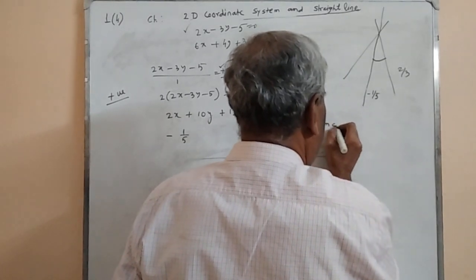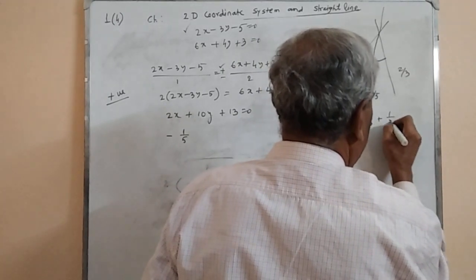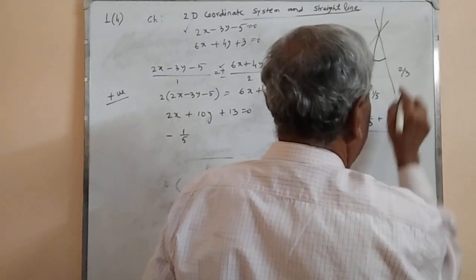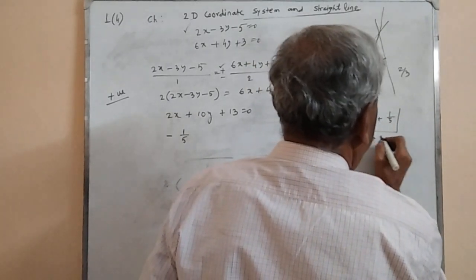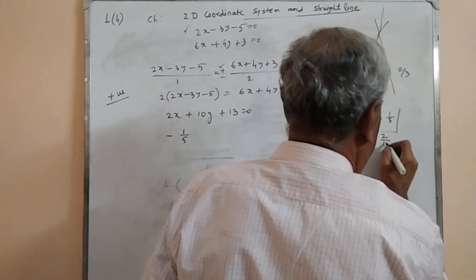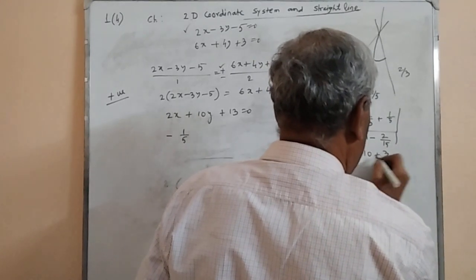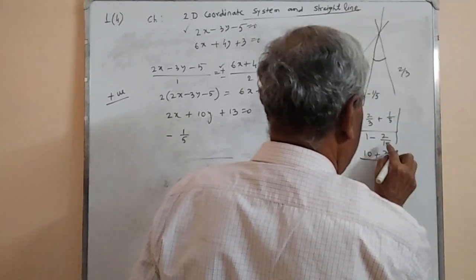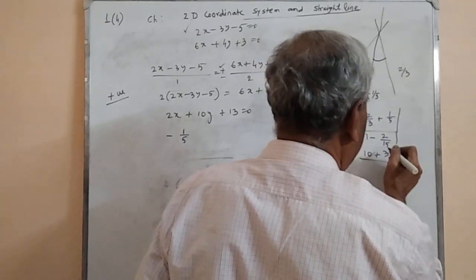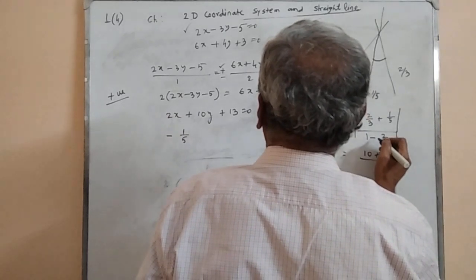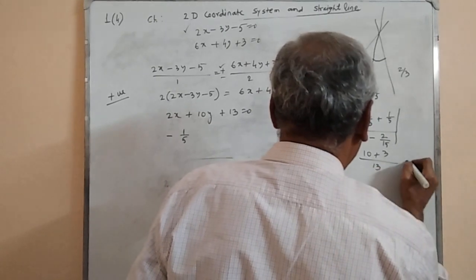Tan phi is equal to (m1 minus m2) by (1 plus m1 m2), which is (2 by 3 plus 1 by 5) by (1 minus 2 by 15), which is (10 plus 3) by 15 over 13 by 15. So it is 1.